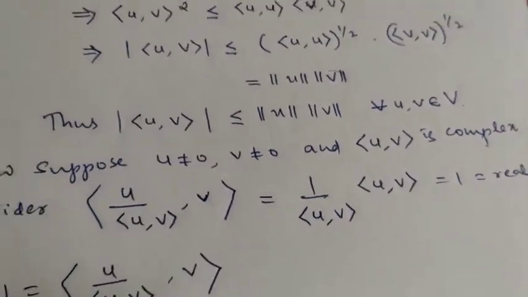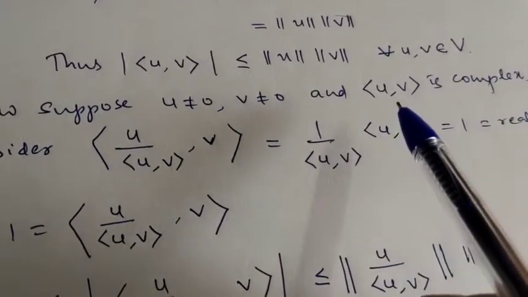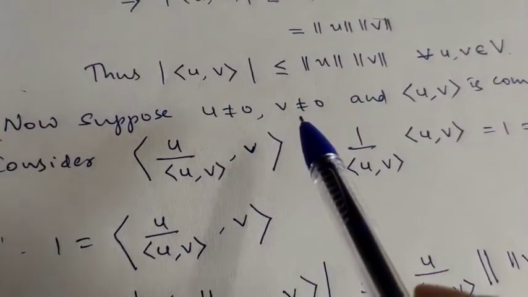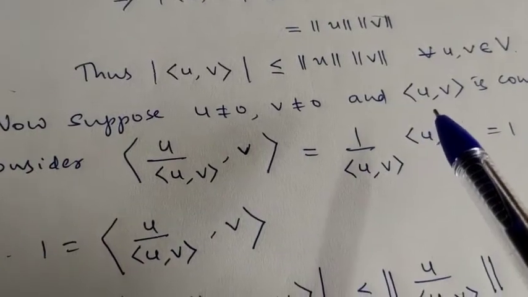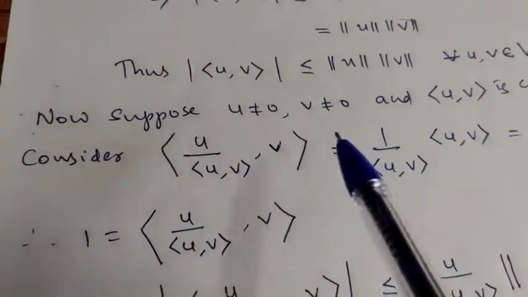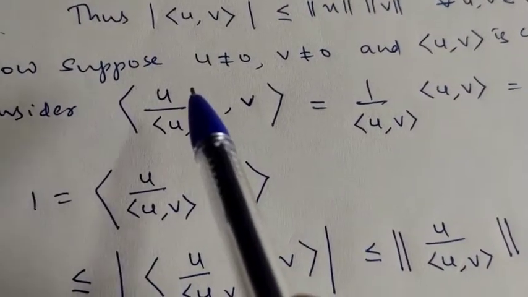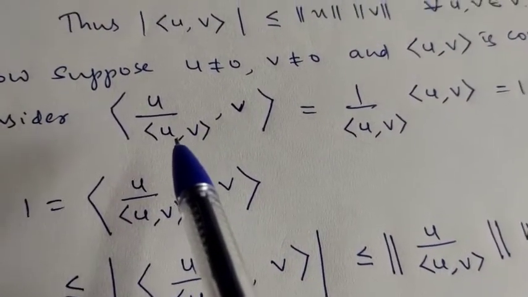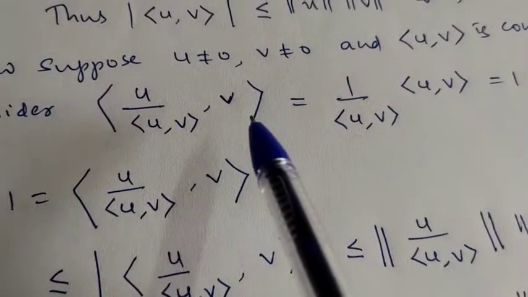Now let us take up the inner product which is complex. Suppose u is not 0, v is not 0, and inner product of u comma v is complex. Then consider the inner product of u comma u by inner product of u comma v.